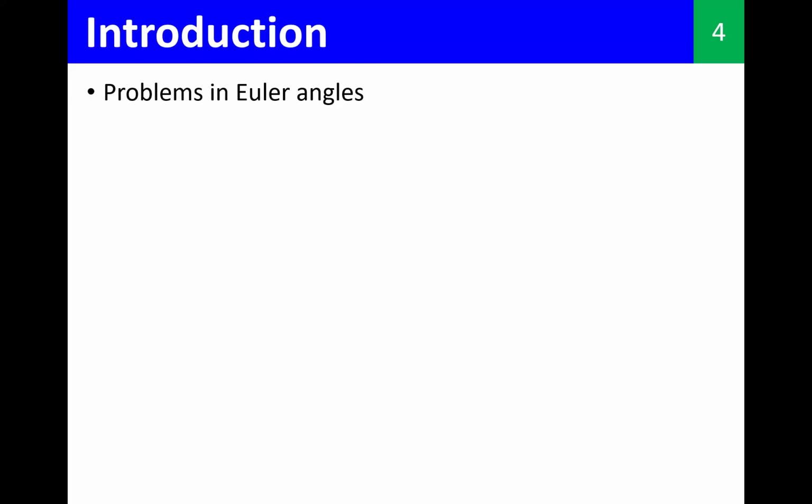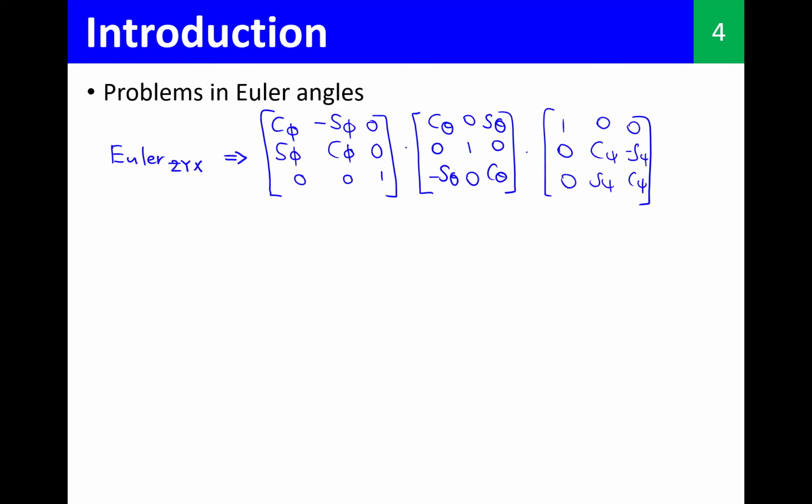So if we think about Z, Y, X Euler angles, as you can see here, we will first do a rotation phi about the z-axis, and then the rigid body will come to a certain orientation, and we take the new y-axis of that object and do a rotation. So here you can see we are not changing the y-axis, therefore this remains the same, but x and z will change.